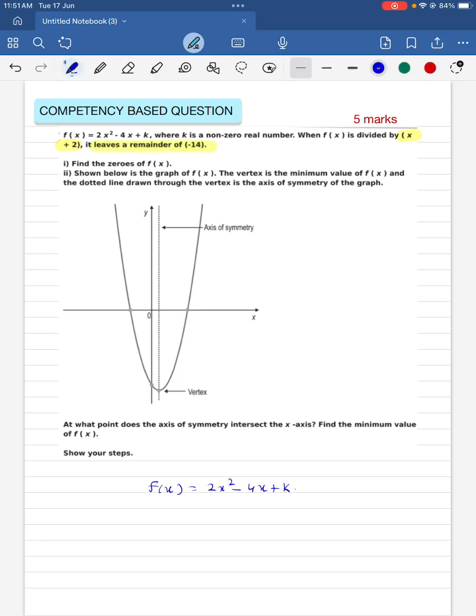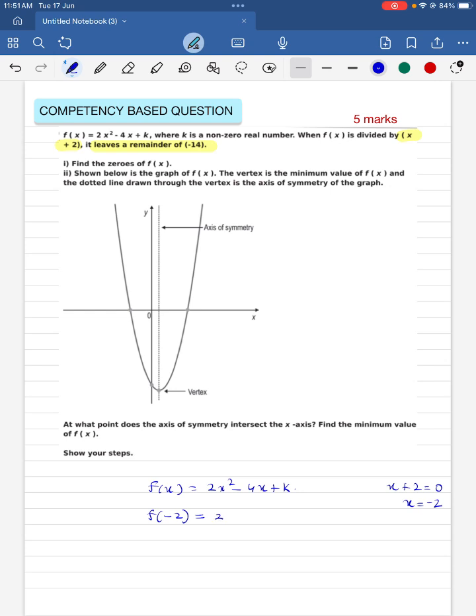You've learned last year in grade 9 that using remainder theorem, we can find the remainder. How do we use remainder theorem? Now the divisor is x plus 2. You will equate this to 0. You'll find the value of x is equal to negative 2. And you'll find the value of f of negative 2, which will give you the remainder.